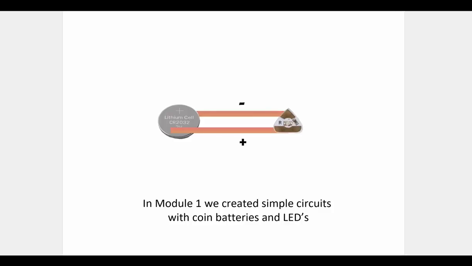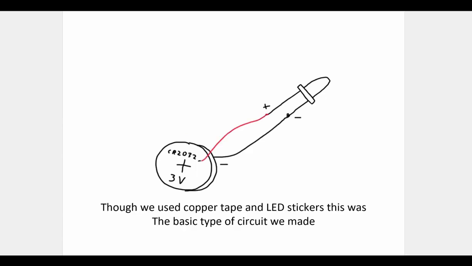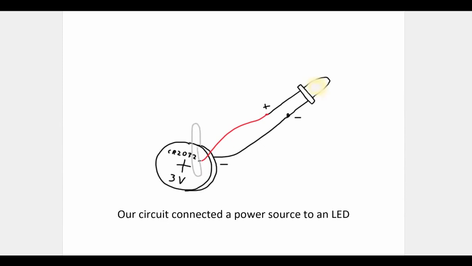Before we jump into the physical fabrication, let's do a quick review of how this is going to work. In Module 1, we created simple circuits with coin batteries and LEDs. Let's simplify the images down so we can reinforce some of the concepts. We used copper tape, not wire like this, but it's basically the same kind of circuit.